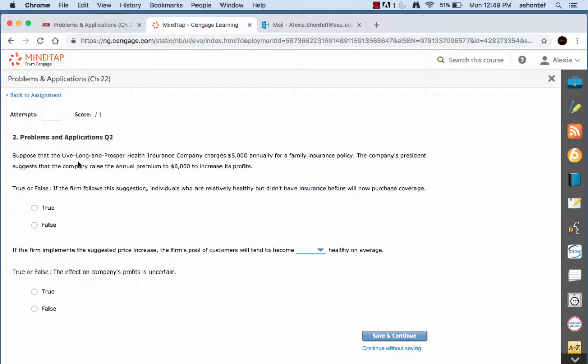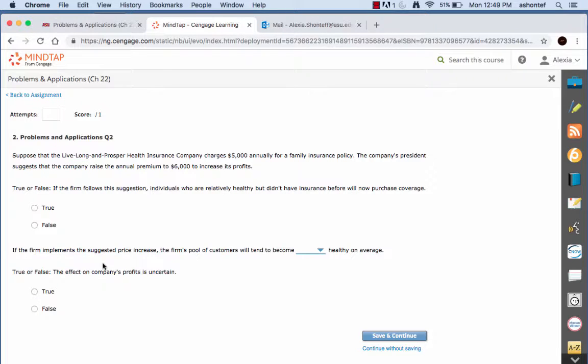If the firm follows the suggestion, it says individuals who are relatively healthy but didn't have insurance before will now purchase coverage. Does that make sense? If the insurance goes up to 6,000, even more than it was a minute ago, somebody who didn't have insurance at 5,000 and is very healthy, do you think they're going to buy it now at 6,000?